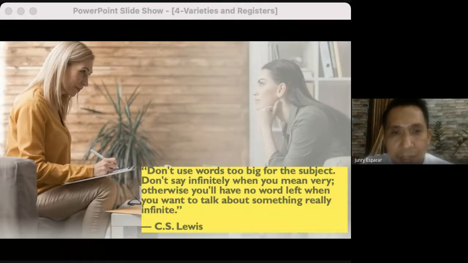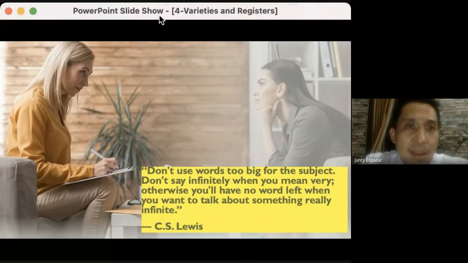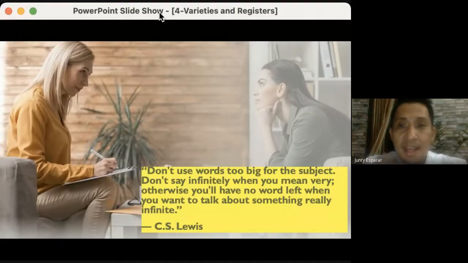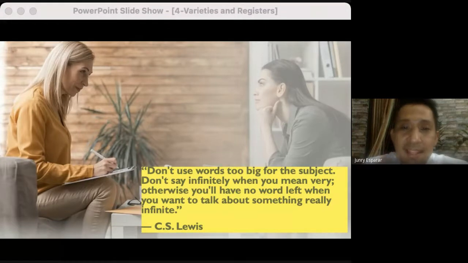Okay, so any reaction that you would like to share with the group, with the class tonight? Maybe a reflection or a reaction on this statement. For those of you who don't want to say it orally, you can type it here in the chat box. According to Glyza, less is more. Okay, so less is more, which means that even if you are in pain, you would say, it's okay.